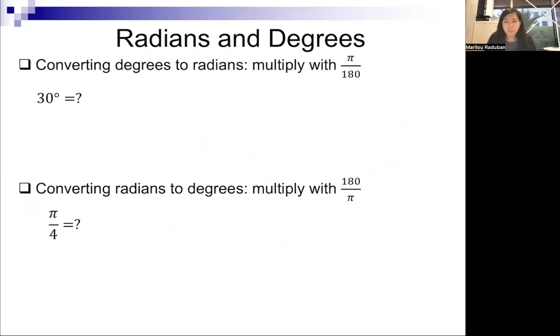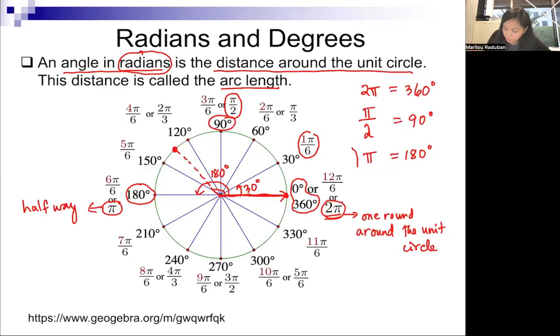So it's still the same technique whenever you're converting between degrees and radians, you'd still need some conversion factor. And the conversion factor will be this pi and 180. It's essentially this relationship, because pi radians is equal to 180 degrees.